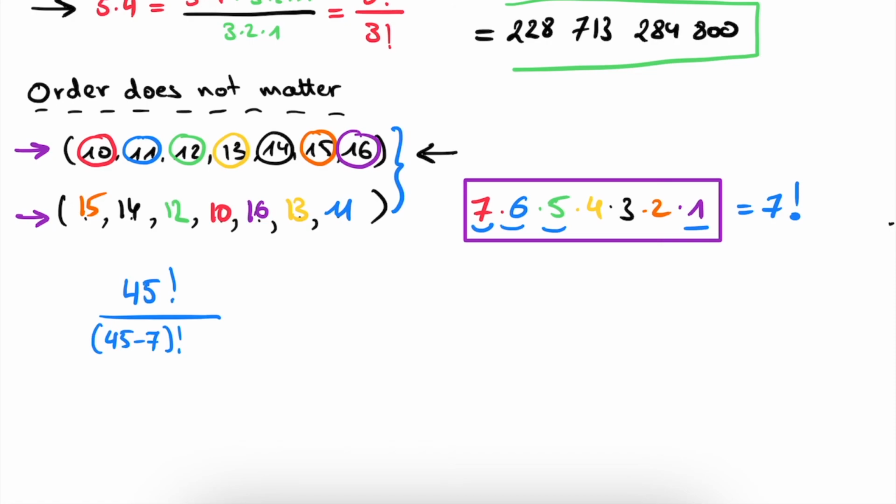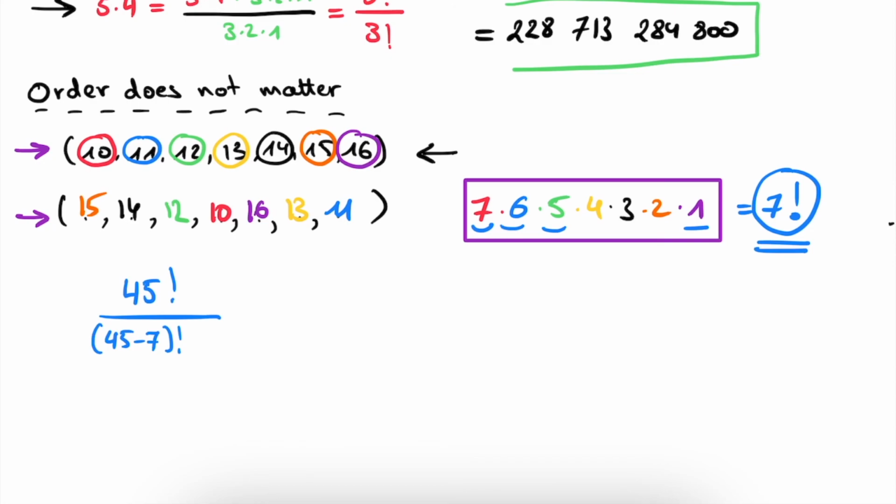However, we now know that since order does not matter, these should be counted as 1. And since there are 7 factorial number of combinations for each 7 numbers that we have picked, this means that for each 7 numbers that we have picked, we also counted 7 factorial other combinations that are actually the same.